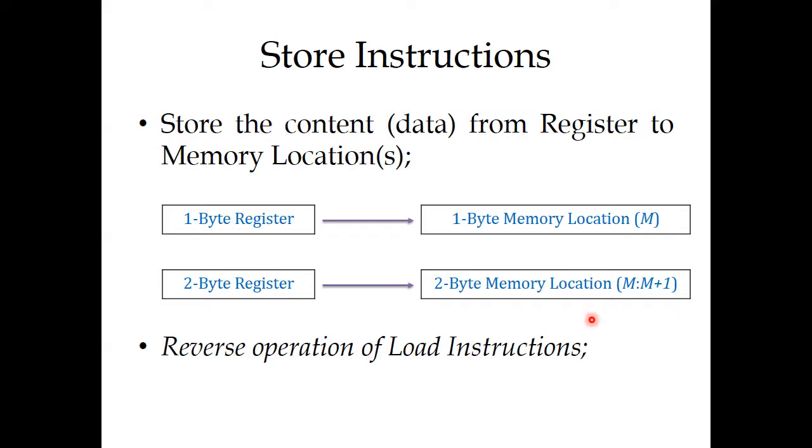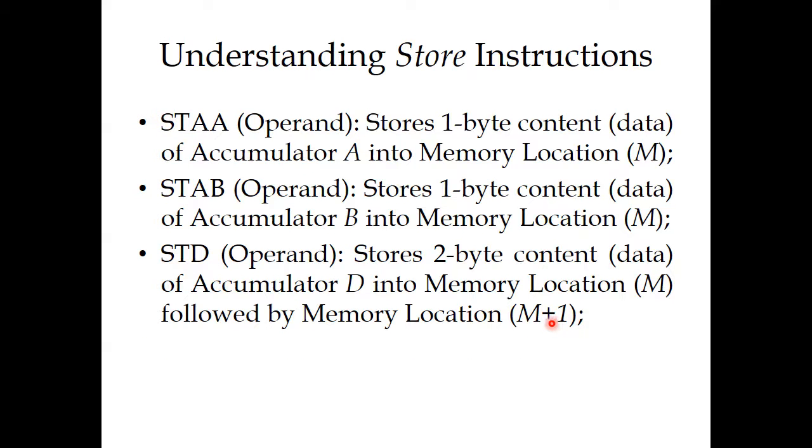So again, as a reminder, the store instructions are just the reverse of load instructions. The load copies the data from memory to register. Now the store instructions put the data back to the memory locations from registers. So we have several store instructions.